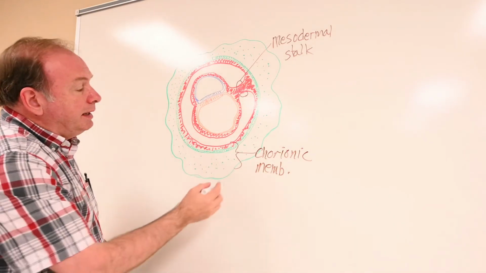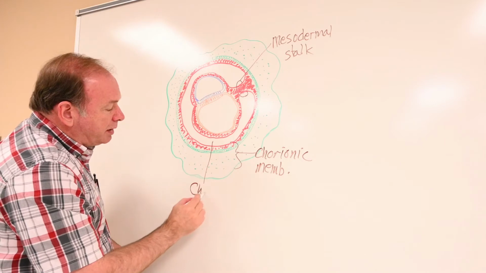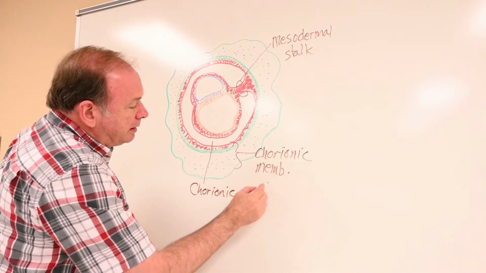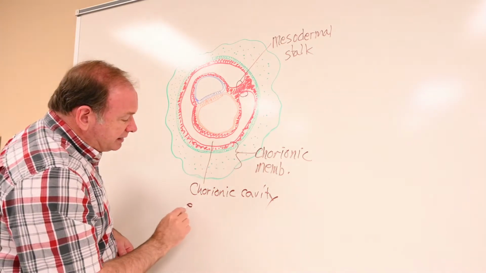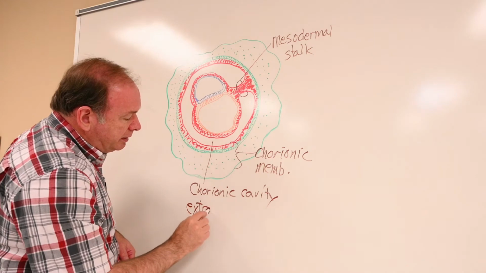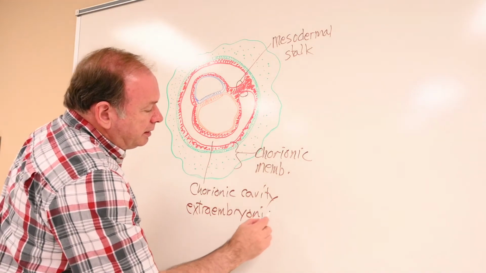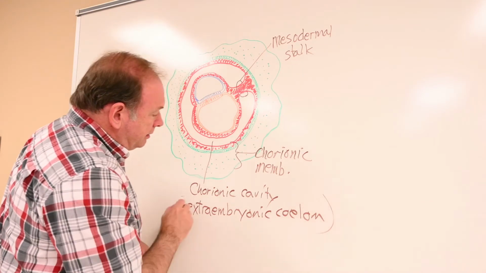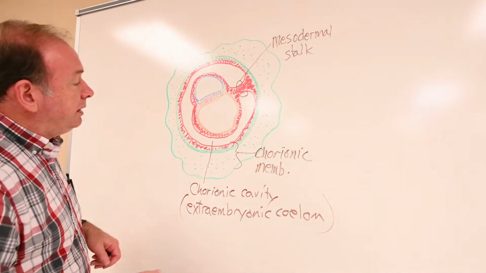Inside of that, that space can be called either the chorionic cavity or the extra embryonic coelom. Either name would be fine for that space there.